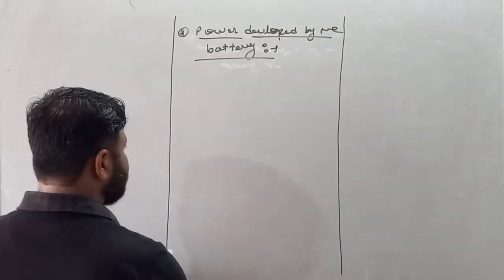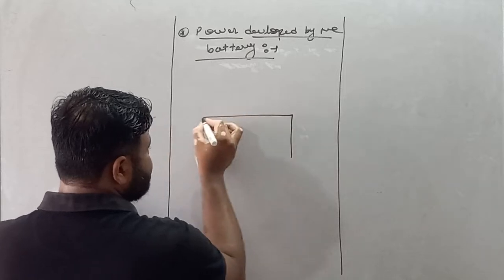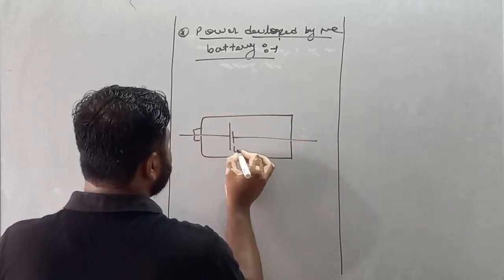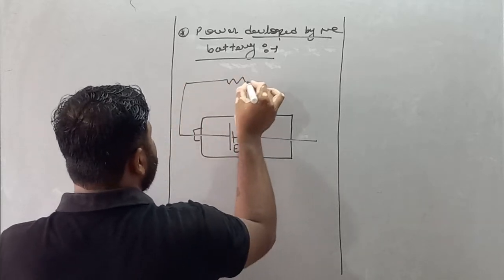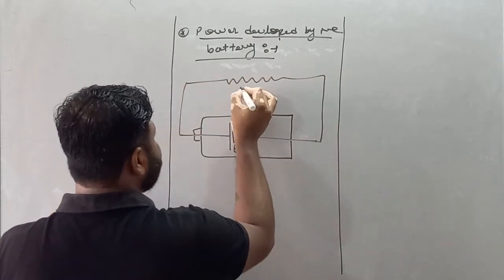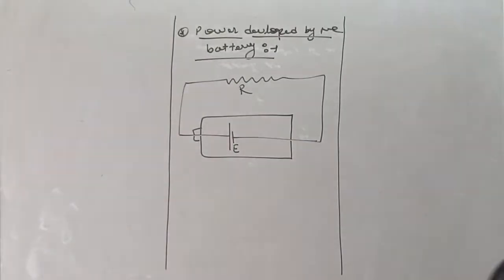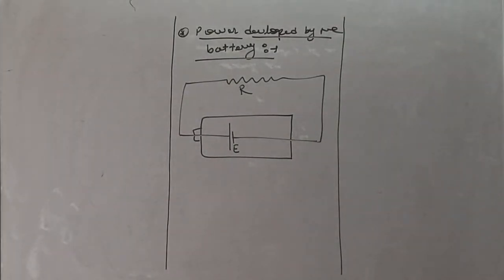So let's suppose a battery is there whose potential is E, and this battery is connected with an external resistor of resistance R.